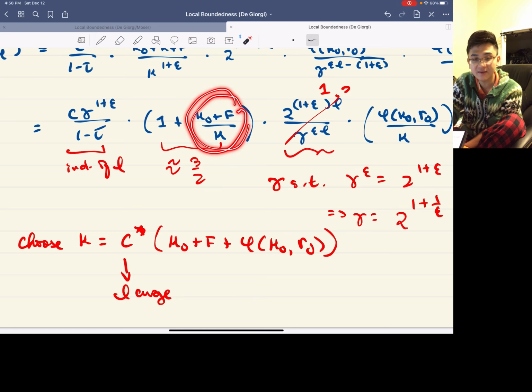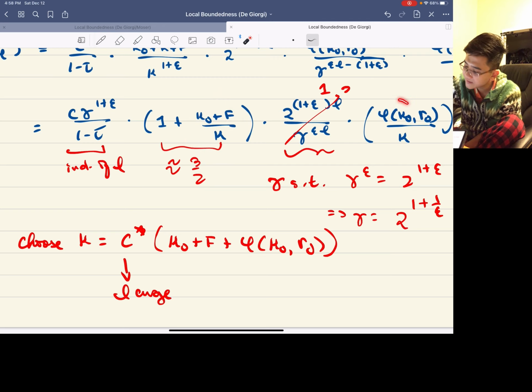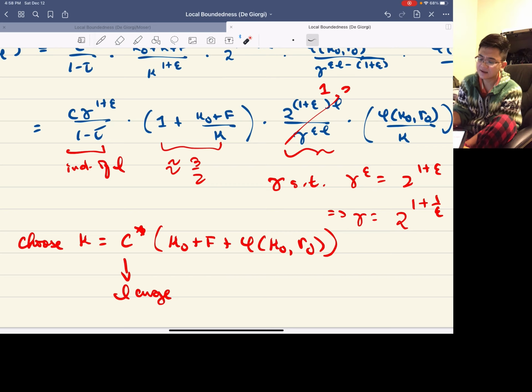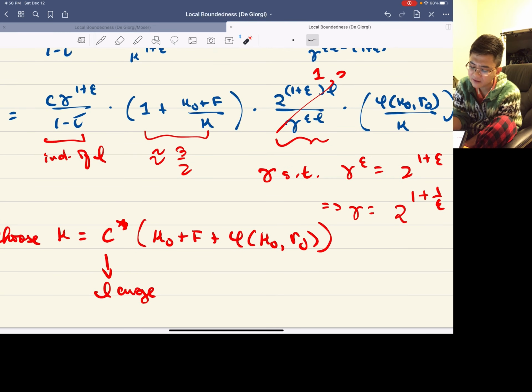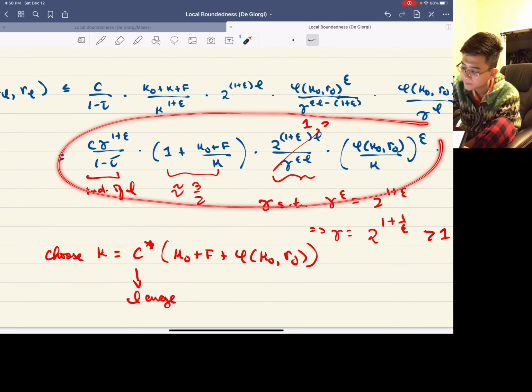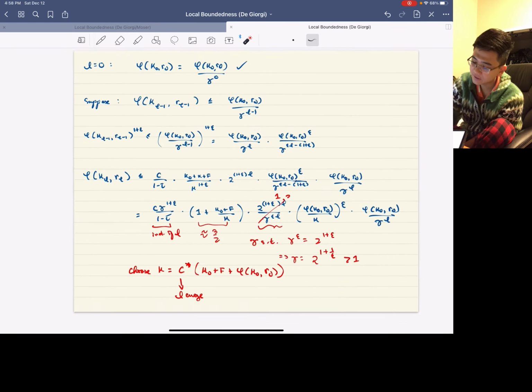It dominates this term. It makes this term small. It also dominates this term, so it makes this term small. Okay, so it's easy to see that for a big C star, this choice of K would make this whole term less than 1.